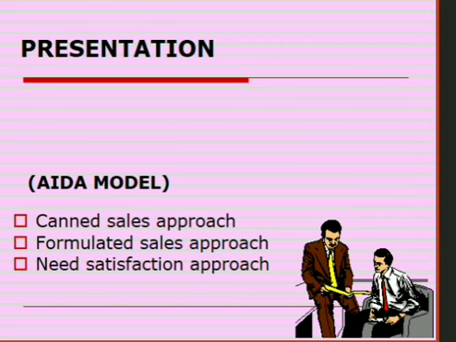Through this approach, the salesman makes a customized presentation to suit the need and buying style of the customer. The message is formulated tactfully to convince the buyers that the product can satisfy his or her specific needs.